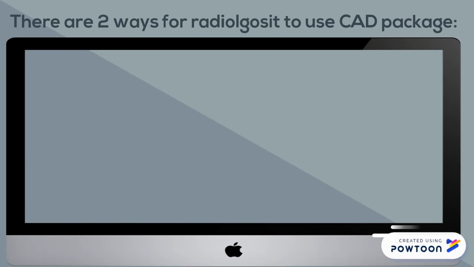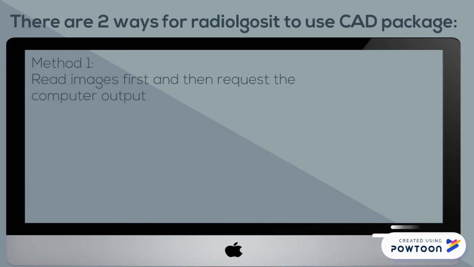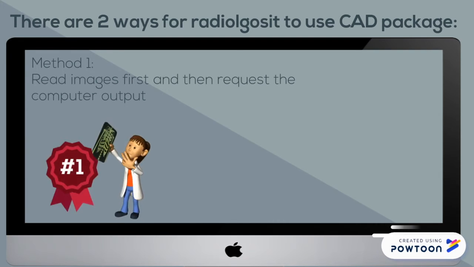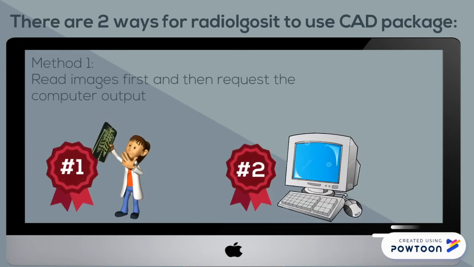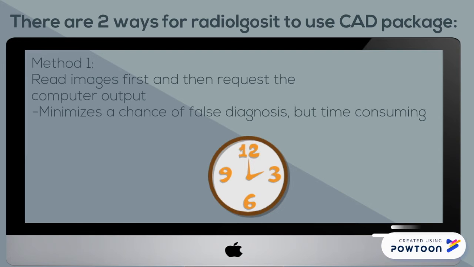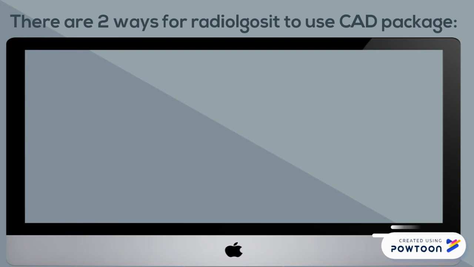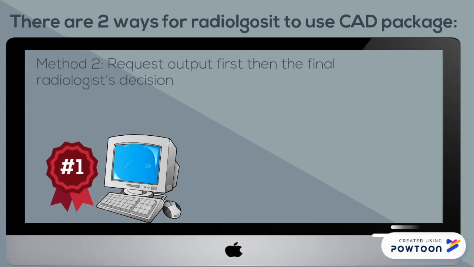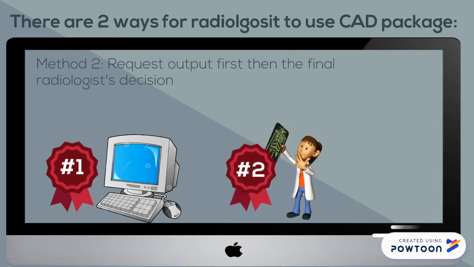There are two main ways how radiologists may use the CAD package. The first method is to read images without the computer output and then to request a display of the computer output before making the final decision. This method minimizes a chance of a false diagnosis, but it's very time-demanding. The second one allows displaying the computer output first and then the final radiologist's decision.